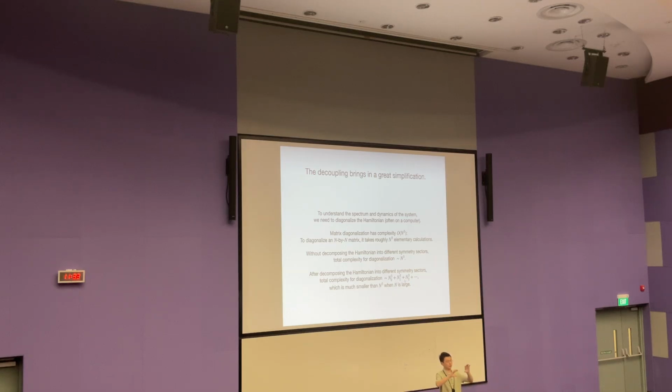We just diagonalize each individual Hamiltonian separately, and then combine the results together. And when capital N is large, this quantity is much smaller than n cubed. It will save us a lot of computational power and time. That's why it's useful, and in assignment 6, you will experience that.